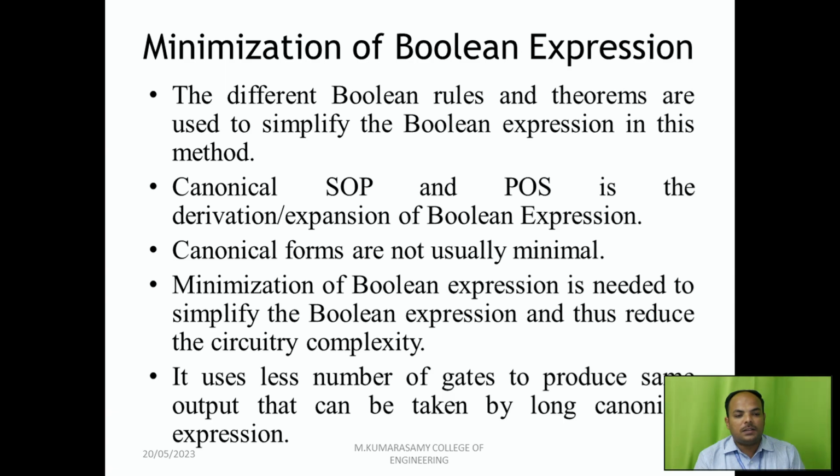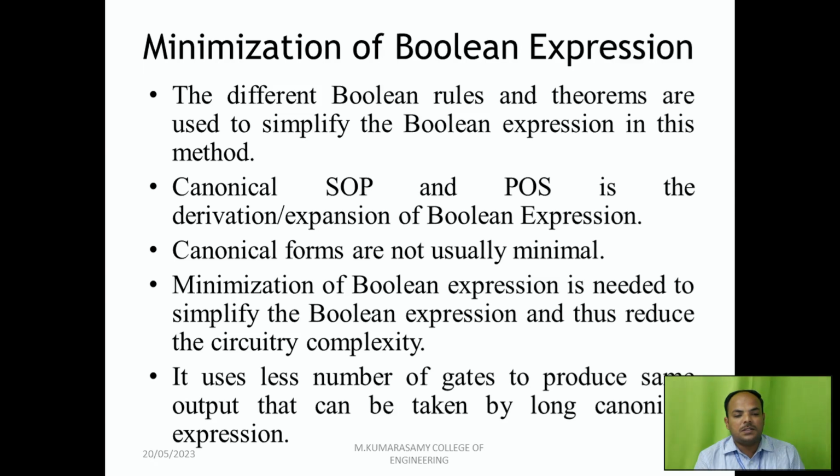Canonical SOP and canonical POS are different from normal SOP and POS. This canonical SOP is the derivation or expansion of a Boolean expression. Normally the canonical forms are not minimal; they will be very large, that is, with more terms, and we need to use more logical operators.